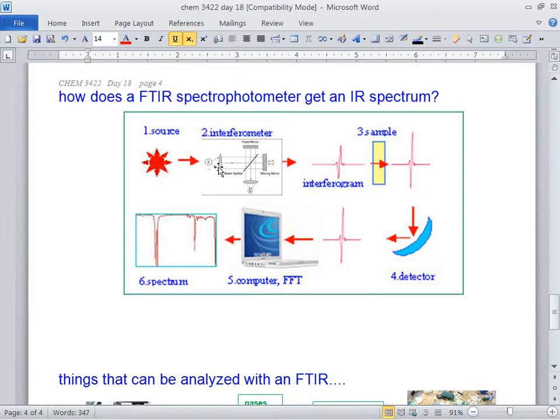And then it's going to go into an interferometer. We get an interferogram, go through the sample. So the point is you get something in this time domain, this changing signal, and then we're going to go to the frequency domain and get the frequencies and their intensities that are in this decaying signal. Okay.